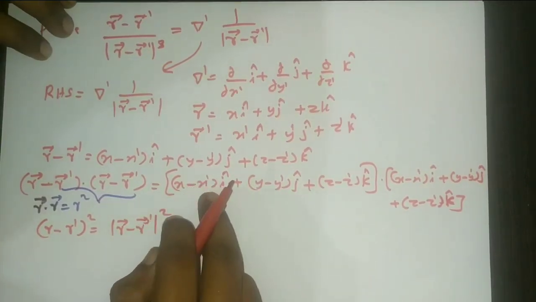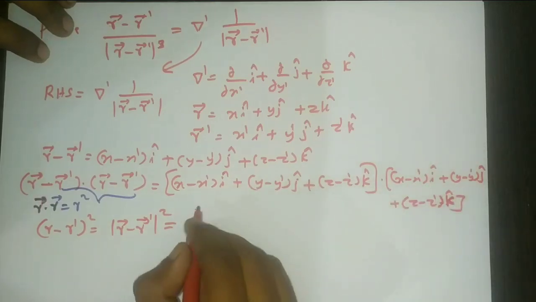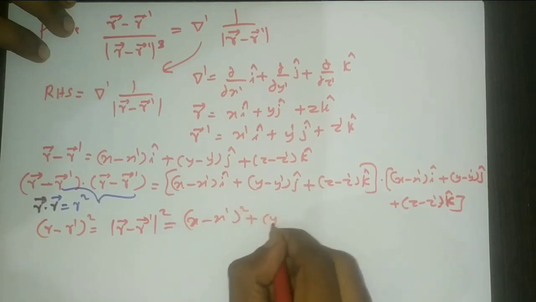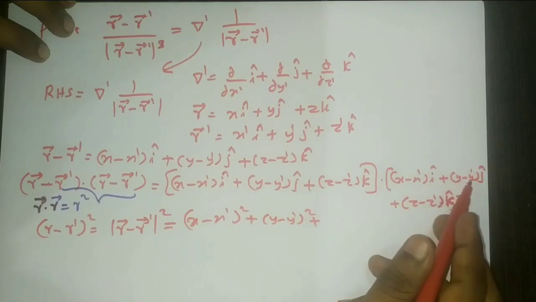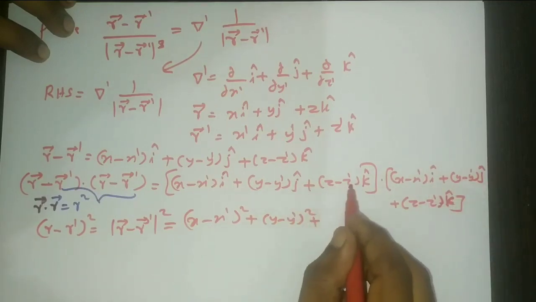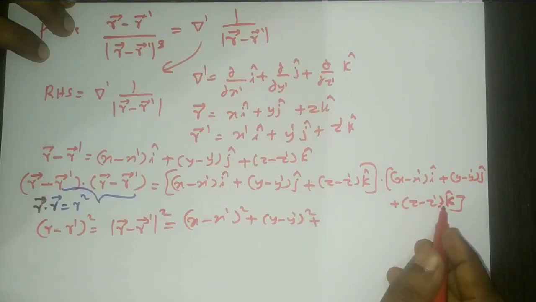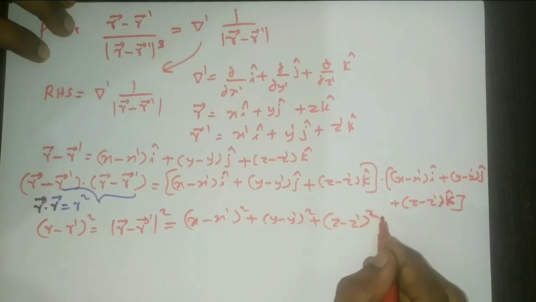That is, i dot i is 1, so (x minus x prime) whole square, plus (y minus y prime) whole square, since j dot j is equal to 1, then plus (z minus z prime) whole square.